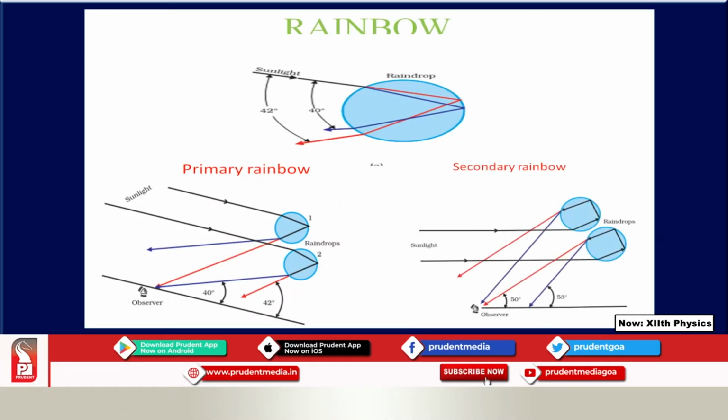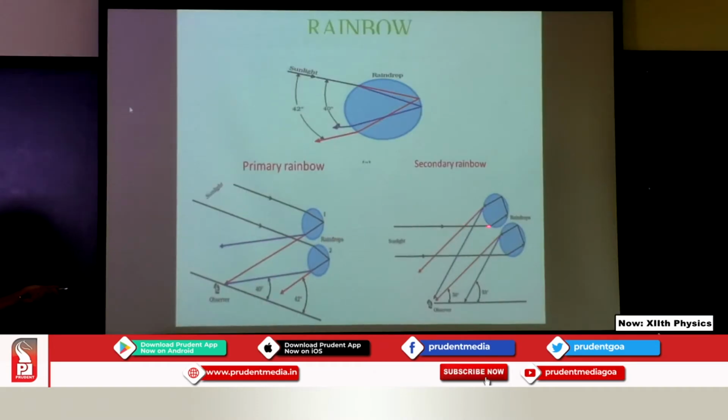The secondary rainbow is a combined effect, of course, of refraction, dispersion and total internal reflection, but over here it suffers total internal reflection at 2 places.